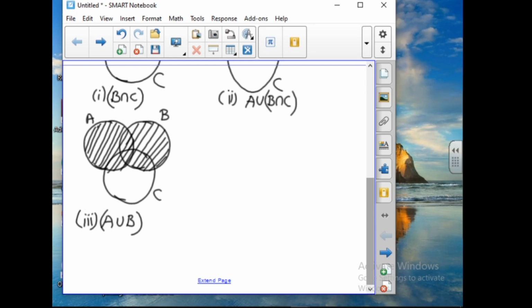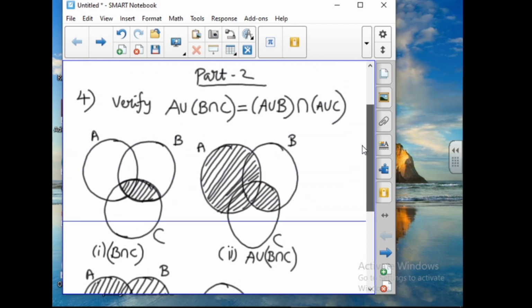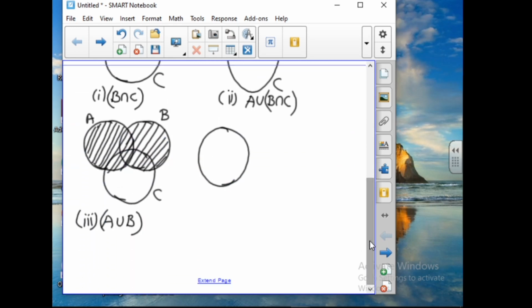Then fourth one, next you have to find A union C. This is your fourth diagram.